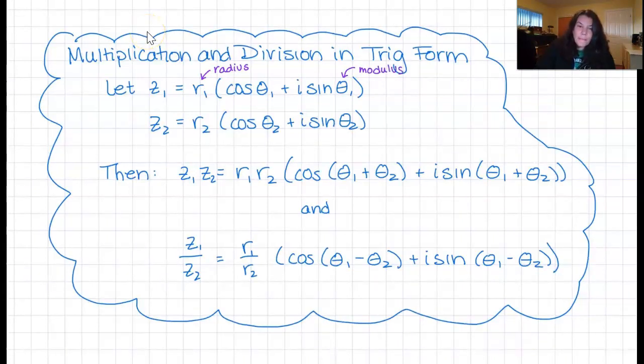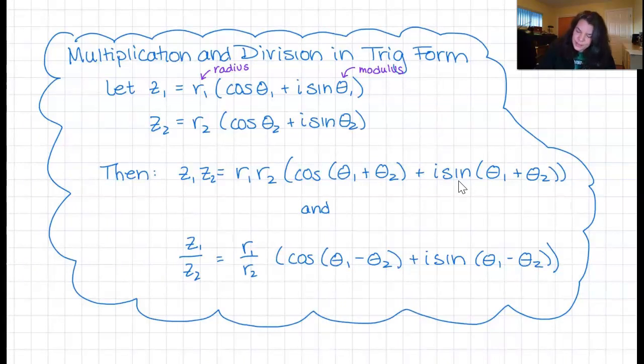So if you take a look, when you multiply complex numbers in trig form, you multiply the radii and you add the arguments. If you're dividing, you divide the radii and subtract the arguments. Isn't that beautiful? Here's what I mean.